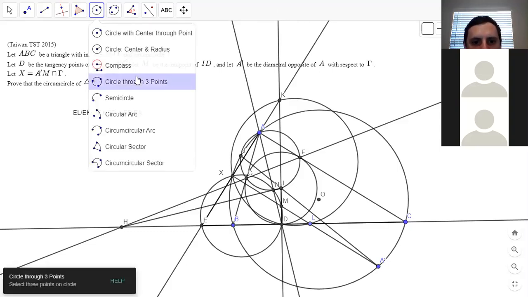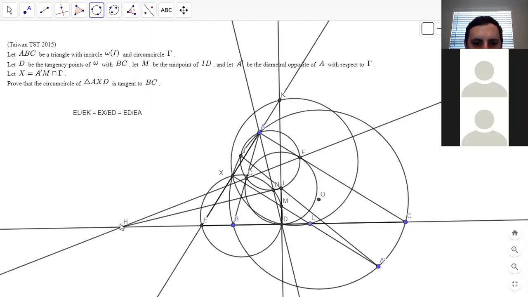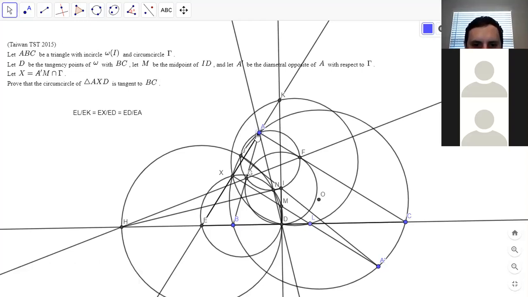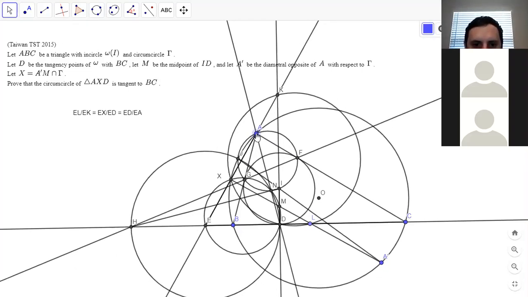We just want to show E as the center of it, but we know the circle exists, right? Looks like these meet too.